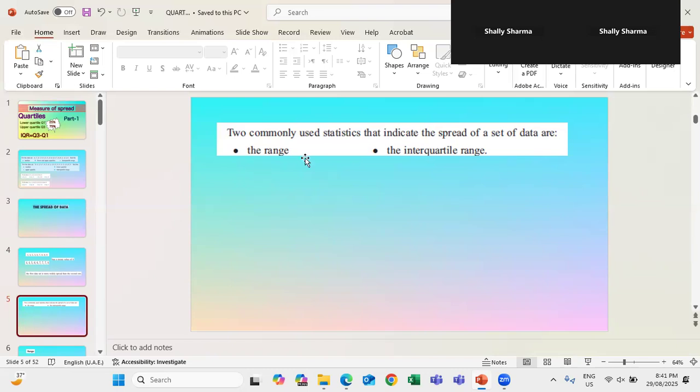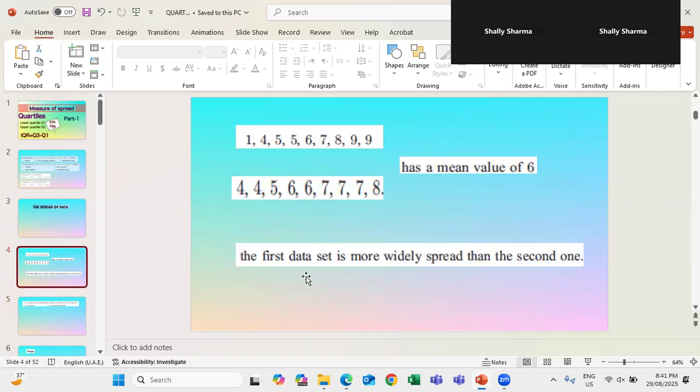One is called the range and the other is called the interquartile range. The example I gave to explain the concept of measure of spread was a concept of range. Range means the difference between the lowest and the highest value of your data set when it is arranged in ascending order.